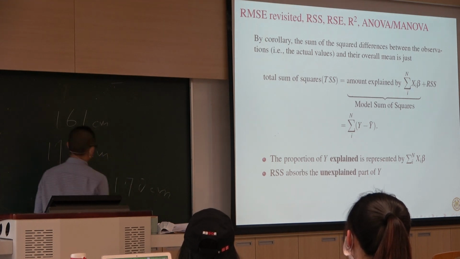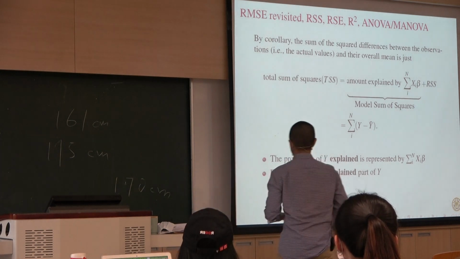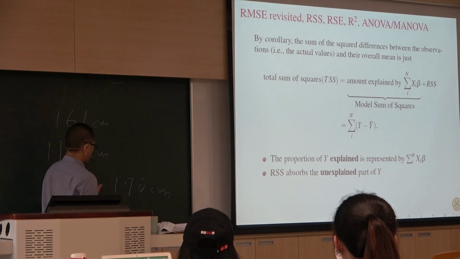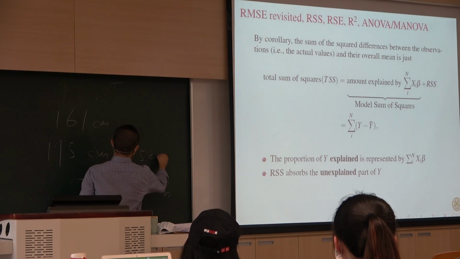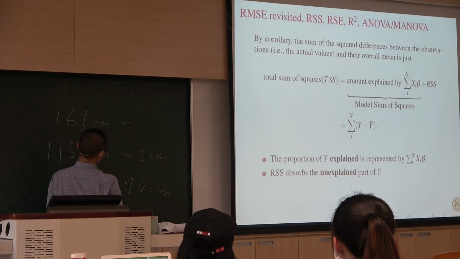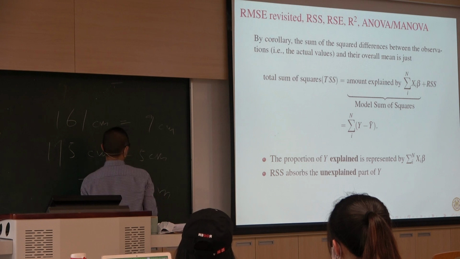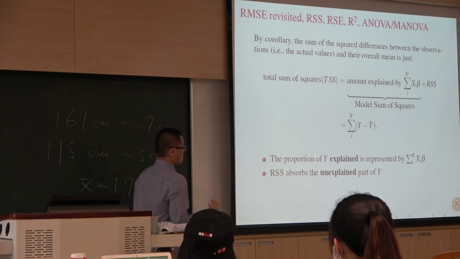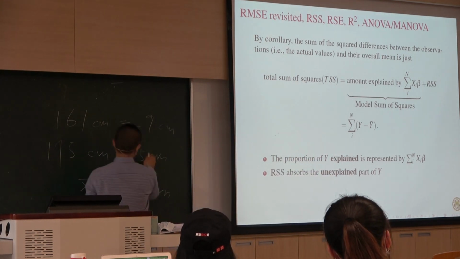So we know that the deviation of the first observation from the sample mean is like 9 centimeters, right? And for the second observation, it's like 5 centimeters. Of course, one is negative, but since we'll be squaring and summing over, that doesn't matter.